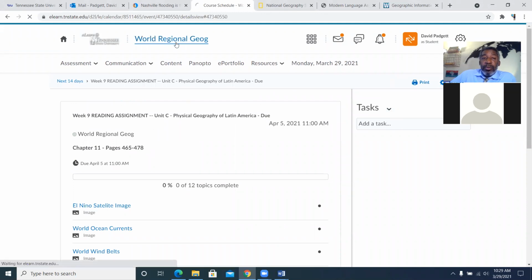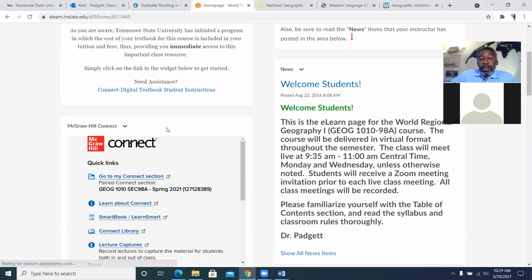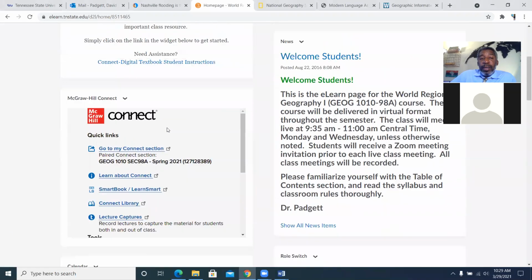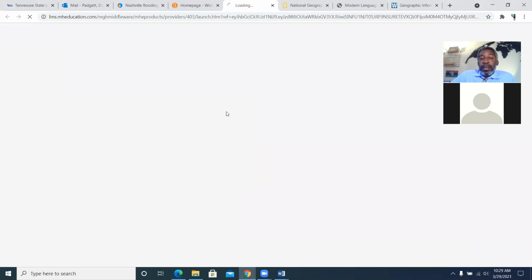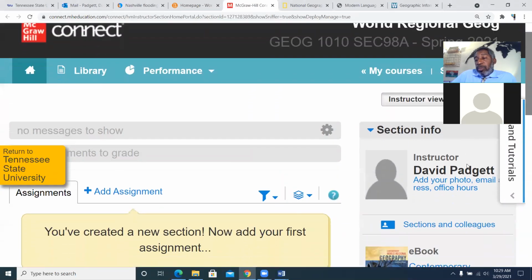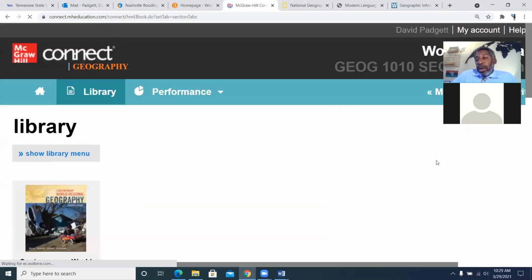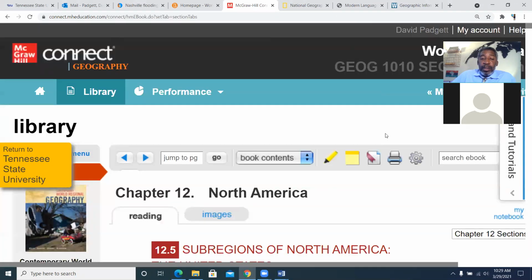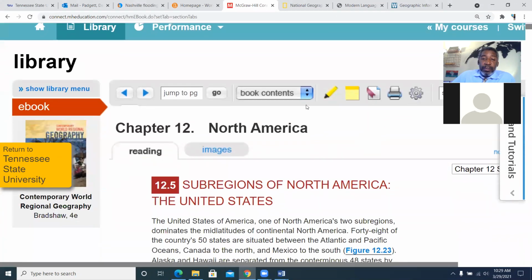So what we're going to do first is look at the climate of Latin America and the Caribbean. And we know just probably from experience that it's a different region.